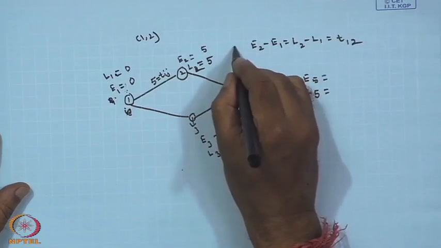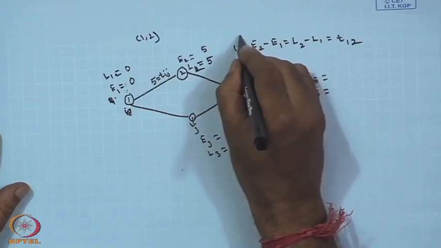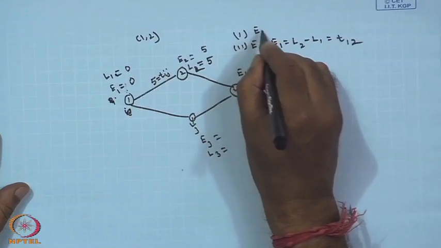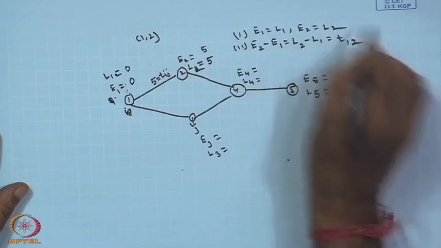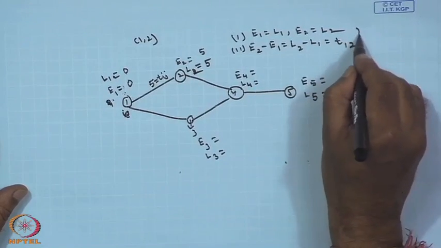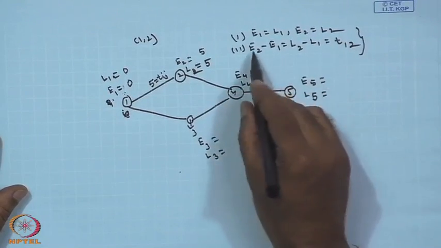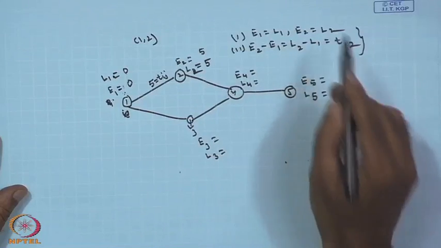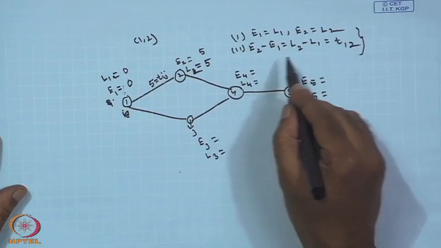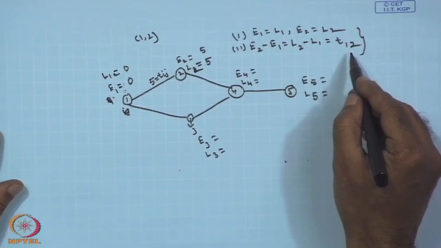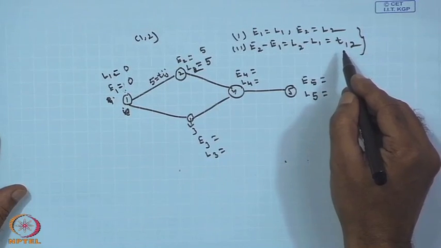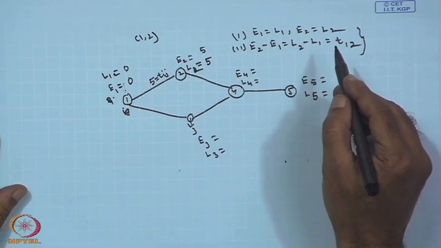This is the second one, and the first one is E1 equals L1 and E2 equals L2. If for the activity 1, 2 these conditions are satisfied, E1 equals L1, E2 equals L2, and E2 minus E1 equals L2 minus L1 equals T12, in that case we say that the activity is the critical activity.